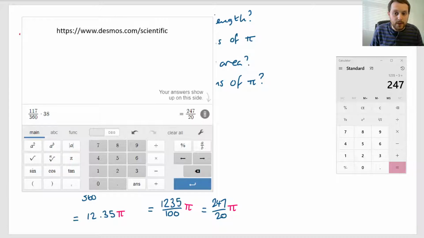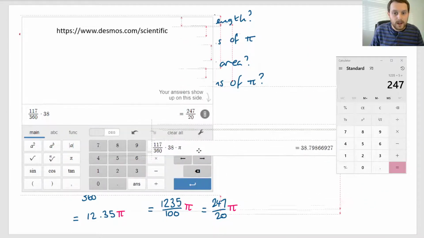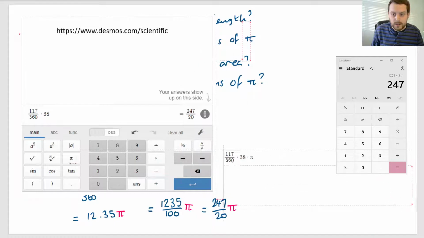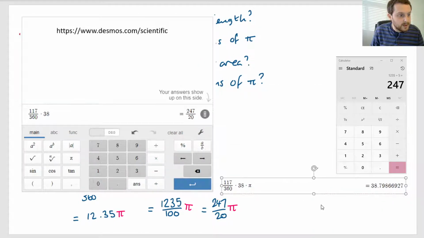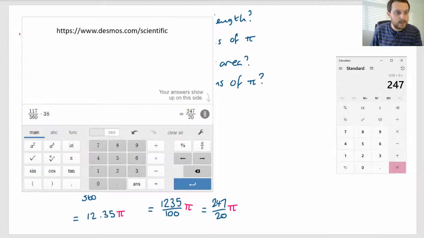It doesn't tell you what the answer is in terms of pi, okay? Right, you see that it's got the calculation that we want, but it's not giving it in terms of pi. That's this calculator here at desmos.com. However, what that calculator will do, which is a bit better than this one, is it will at least give you the fully simplified fraction instead of giving you 12.35. Okay, so that's what you want.